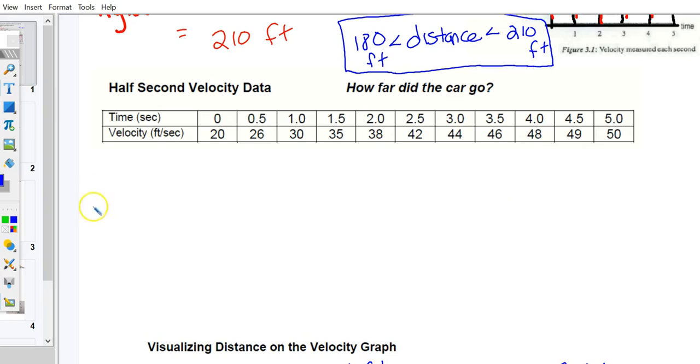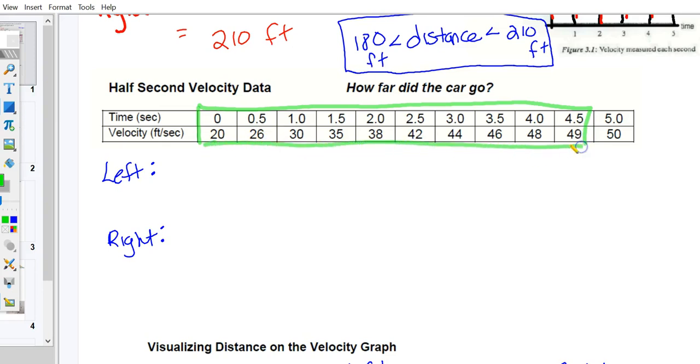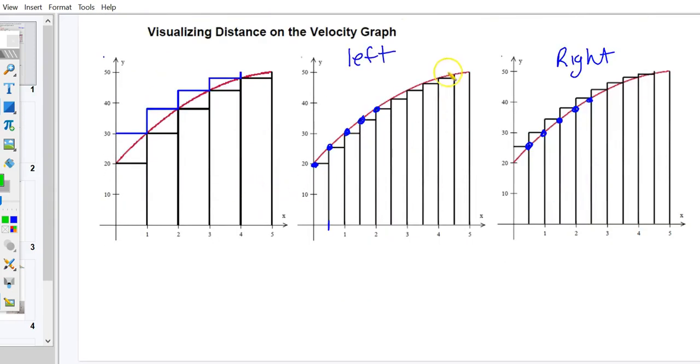So let's find the left-hand and the right-hand sums for the half second. I'm not going to do length times width plus length times width. I'm going to factor it out. So if I look at our left-hand data, I start on the left, and we're going to include everything except the last data point, because if we look down here at our rectangles, this left corner is at the height here at 4 1/2. I don't have another height at 5 because that would be past my graph.